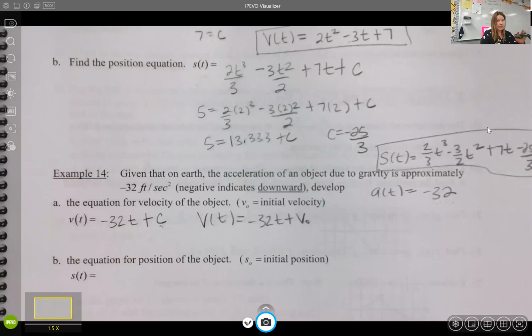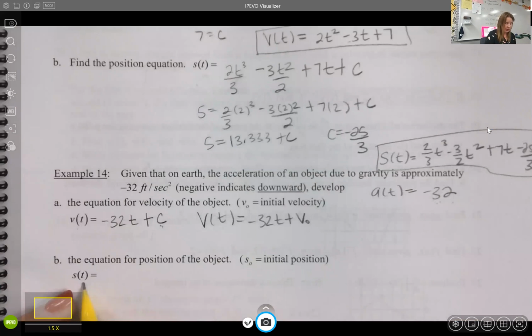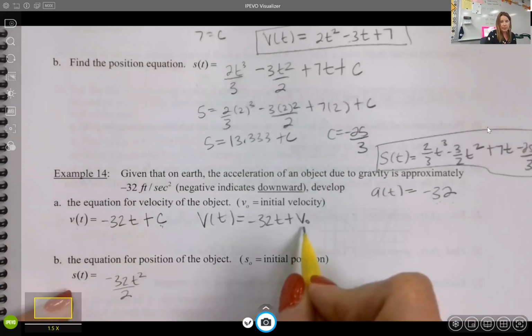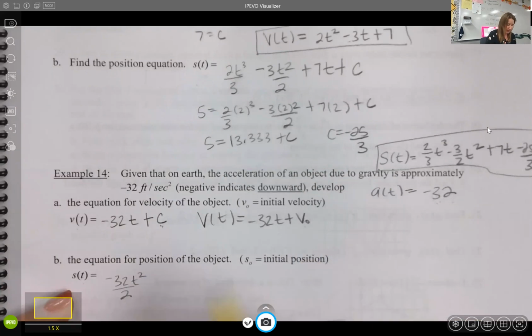Okay, so now I'm going to take the integral of velocity to get position. So the integral of velocity is going to be negative 32 t squared over 2. And then I don't know what this number is, but I do know that the integral of that number is going to be whatever it is times t. And then I'm going to have my c again for my position.